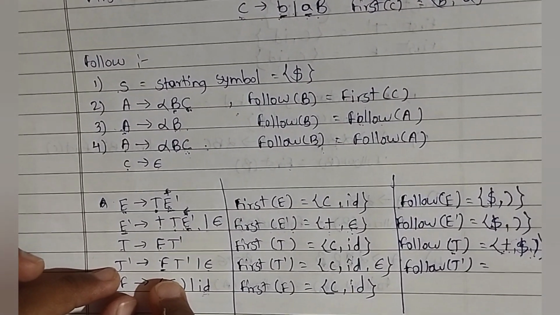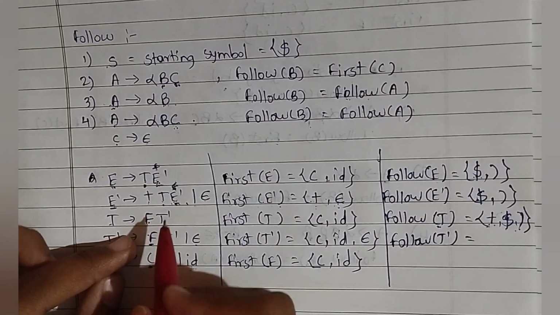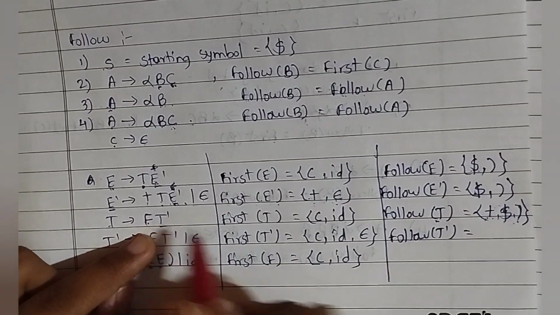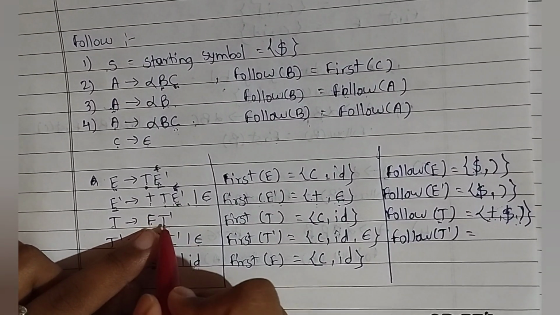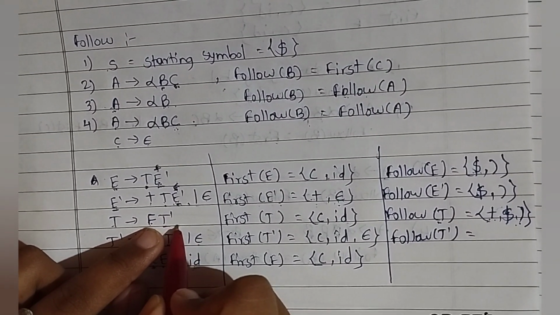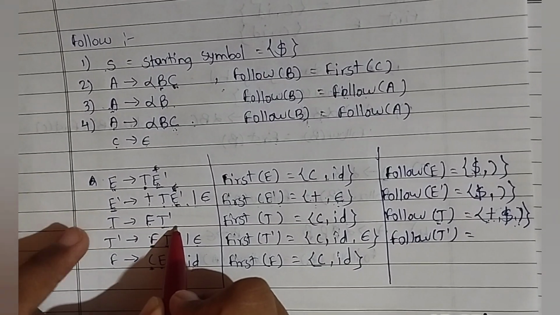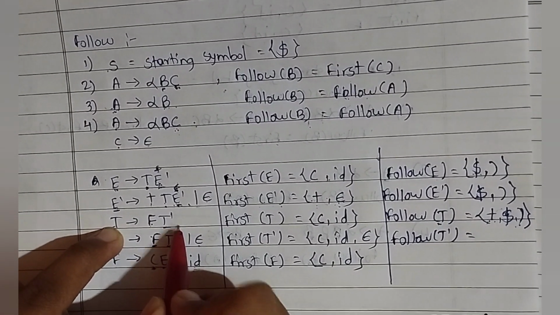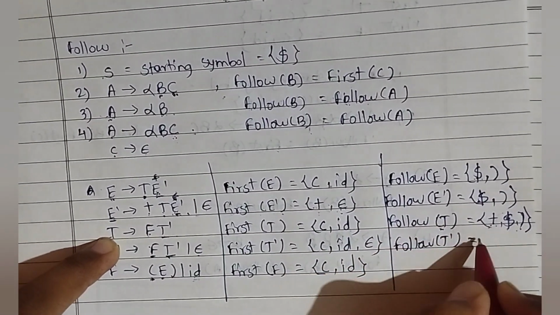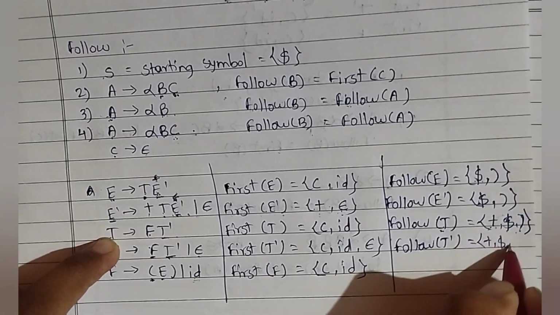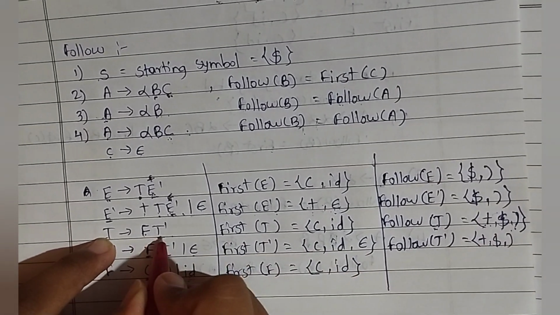Now follow of T dash. See where T dash is present, here and here. This T dash is followed by null, so that's why we find out the follow of T. So follow of T is plus, dollar and closing bracket.